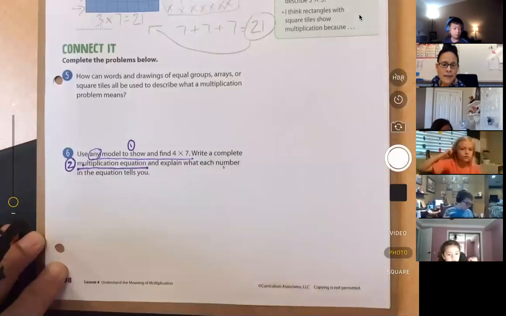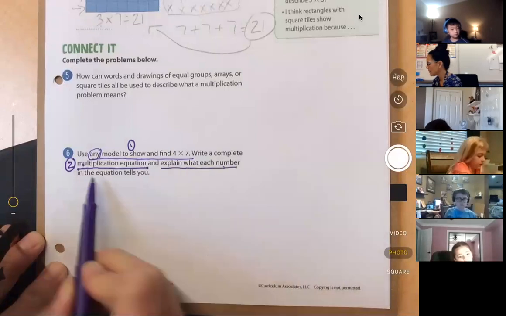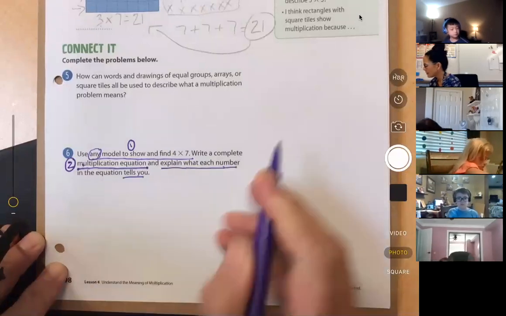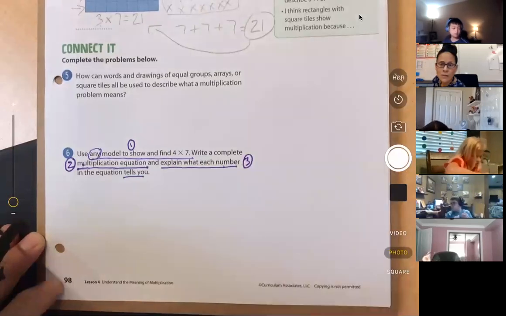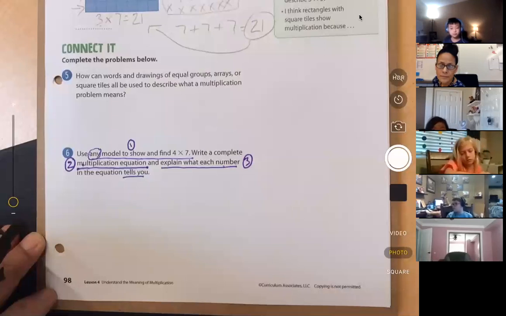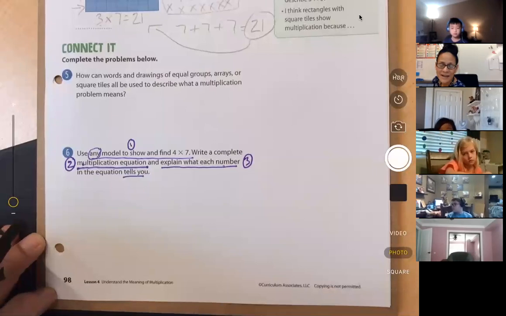And explain what each number in the equation tells you. That's number 3. So friends, we've got a lot going on here. So let's go one step at a time, my friends.